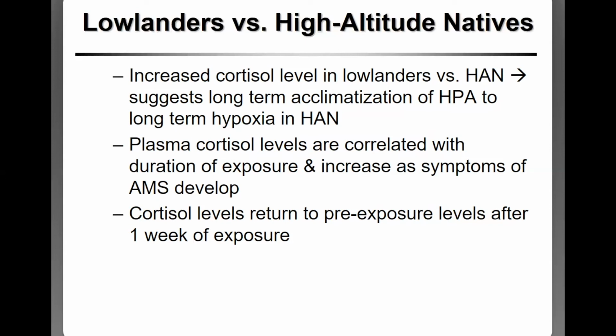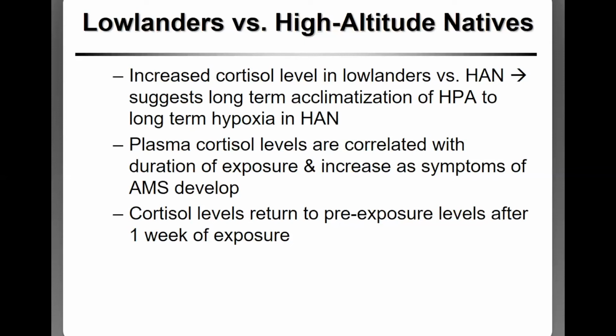If you recall, the HPA axis is when the hypothalamus releases corticotropin releasing hormone, which acts on the anterior pituitary gland to stimulate ACTH, which then moves to act in an endocrine fashion on the adrenal cortex, which stimulates cortisol.